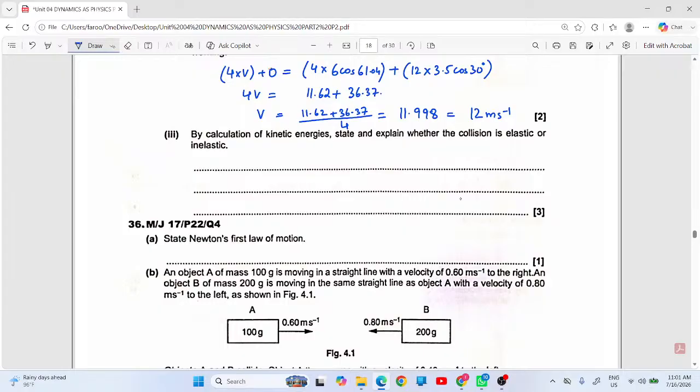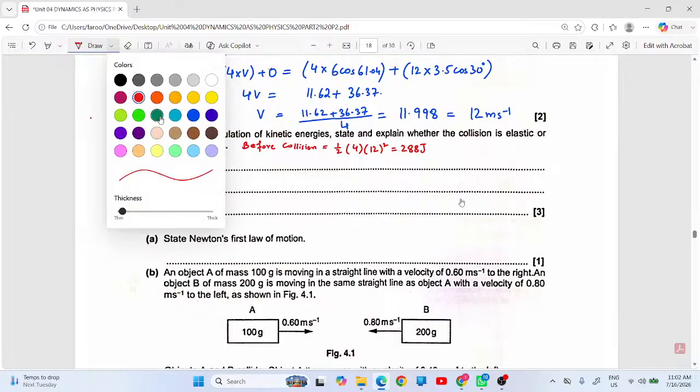So we calculate the kinetic energy before and after the collision. Before the collision only the first body is moving, so the kinetic energy is half mass times velocity squared. The mass was 4 and the velocity is 12, so half times 4 times 12 squared is 288 joules. This is the kinetic energy before.